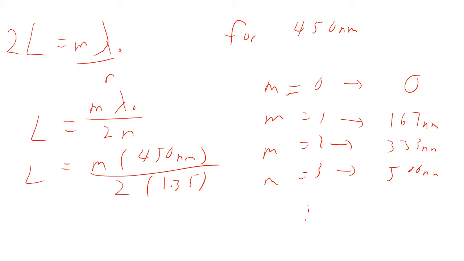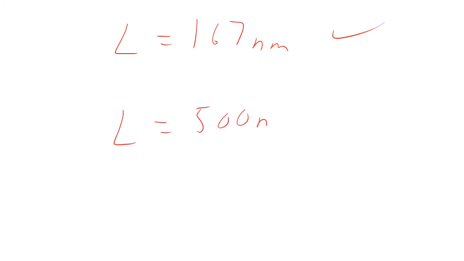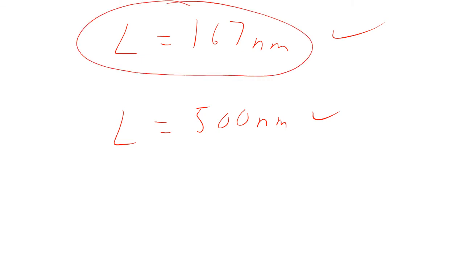We want this condition to be met, and we want the other condition to be met. And we find that the condition is met for both of them at 167 nanometers. So that would work. The condition is also met for both of them at 500 nanometers. So that one would work also. And there are others that would work too, but this would be the thinnest one that would work for both.